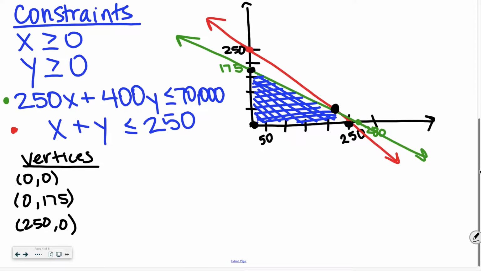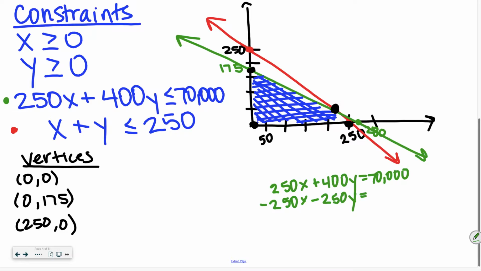Okay? So I'm going to write 250x plus 400y equals 70,000. And then help me out. I'm going to go ahead and multiply that second equation, the red one, by negative 250. So I have negative 250x minus 250y equals negative 62,500.